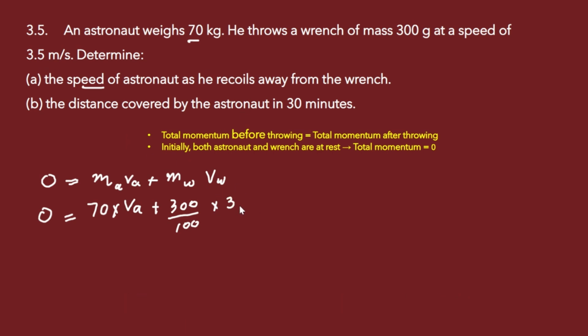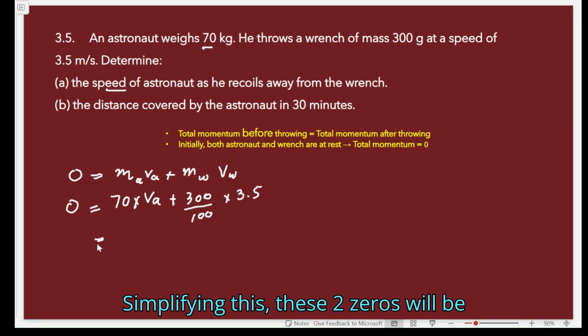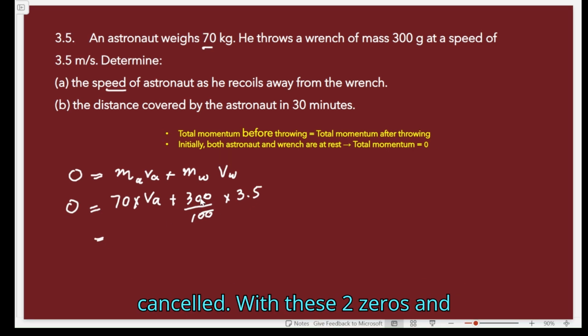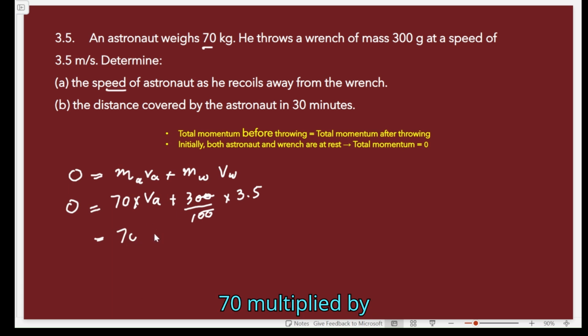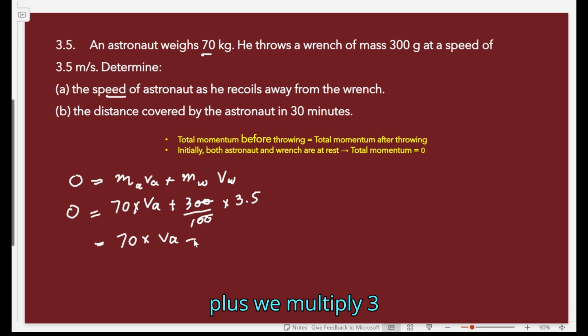So I write here 3.5. Simplifying this, these two zeros will be cancelled with these two zeros, and 70 multiplied by the velocity of the astronaut, plus we multiply 3 by 3.5. This will give us 3 5s are 15, 3 3s are 9, and 1 carried, 10.5.